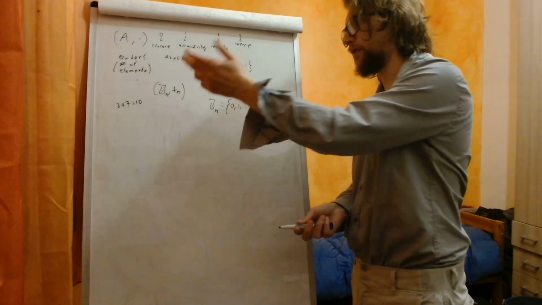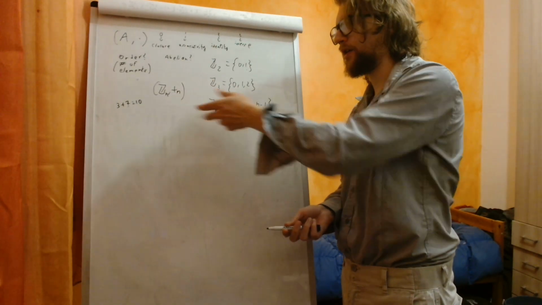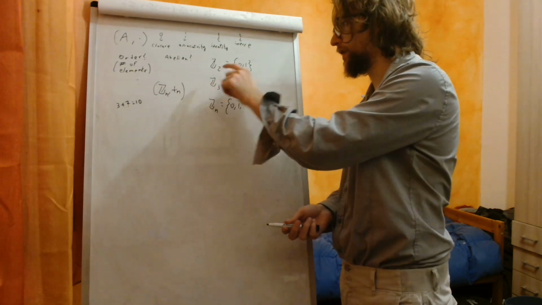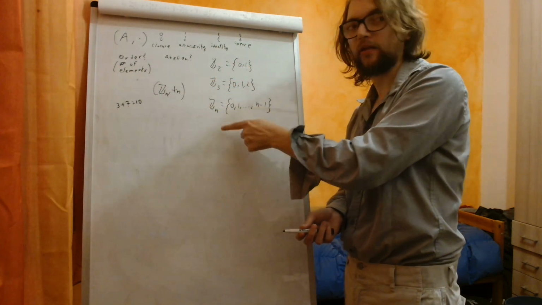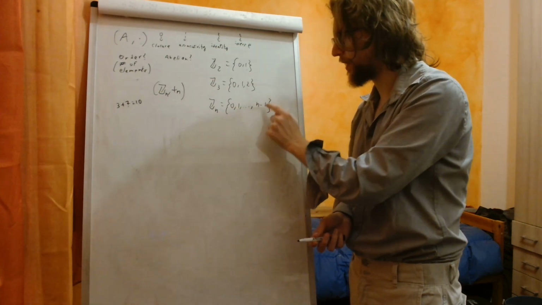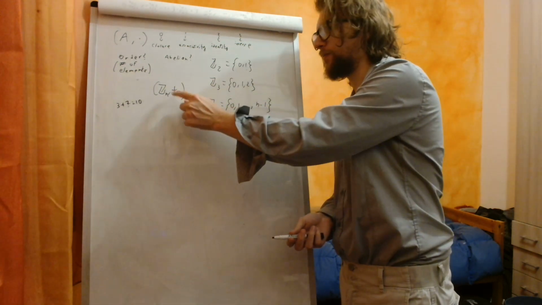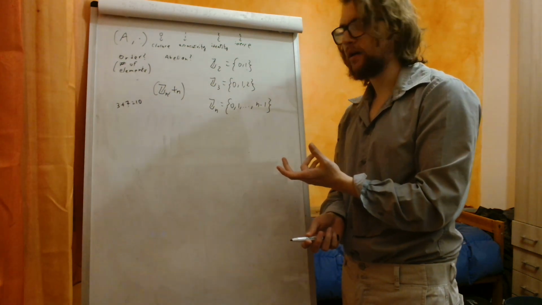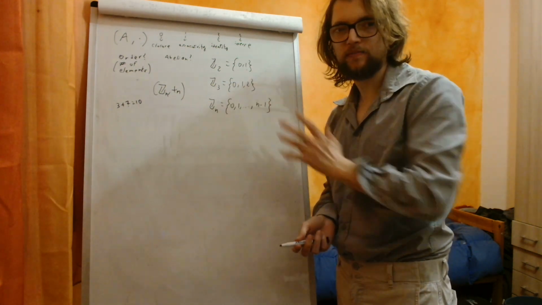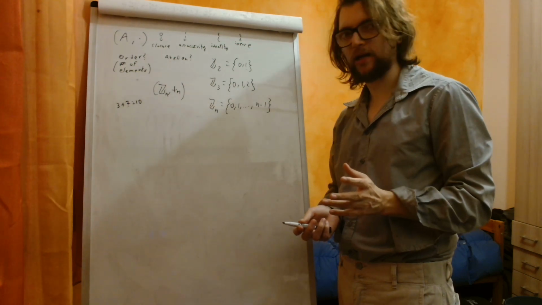We can check the set of integers modulo n. If you don't know what that means, it's very simple. The set of integers modulo n is the set of integers from 0 to n minus 1 with the operation plus n, which is the sum modulo n. And if you don't know what that means, now I will explain it very quickly.